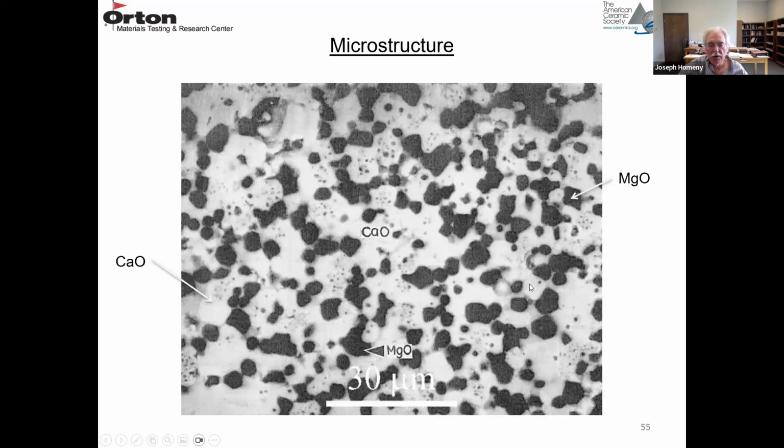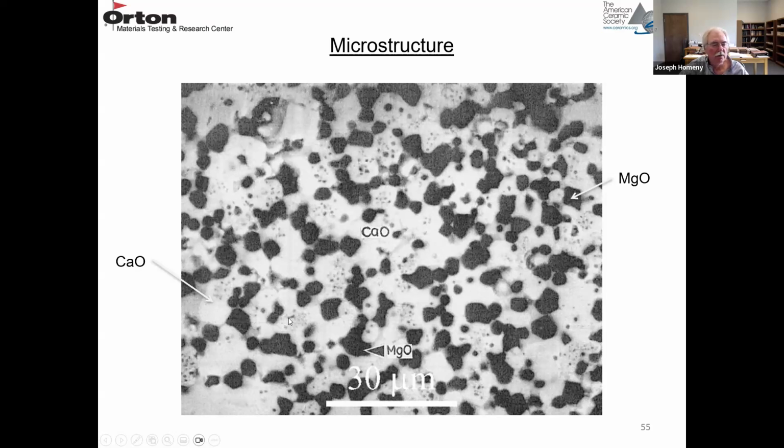So this is what the microstructure looks like. The dark areas are MgO. The light areas are CaO. And you can barely make out the grain boundaries in the CaO matrix. You can see these little black spots.